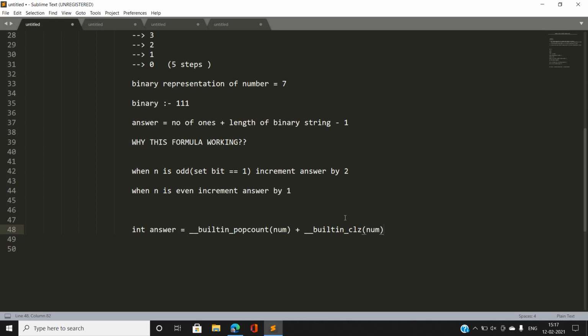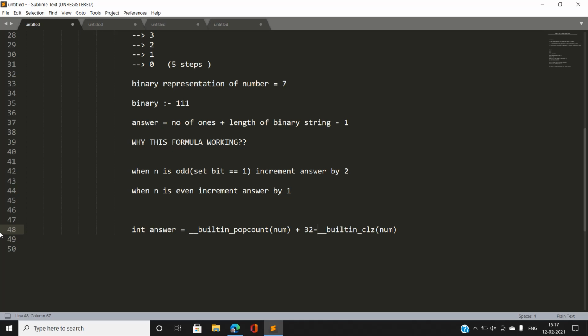Note that here the number is of integer data type. So it would give the number of leading zeros with respect to the integer data type, that is, a 32-length binary string. So I am going to subtract 32 minus the number of leading zeros. If we subtract the number of leading zeros, then we will get the length of the binary string.